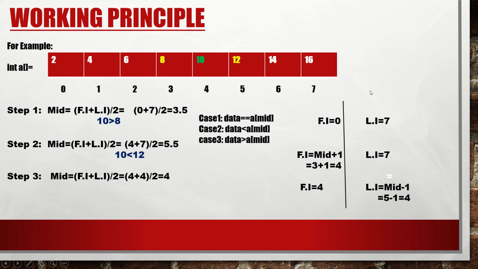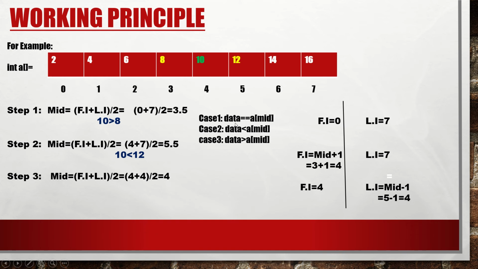The main funda is, if the data is equal to mid, then the element is found. But if the data to be searched, the target value, is less than the mid, then element is in the left side of an array, and if the data is greater than the mid, we'll search in the right side of an array.